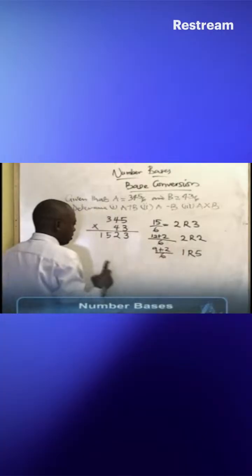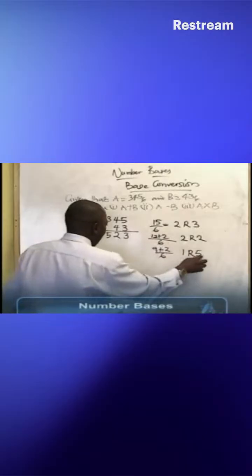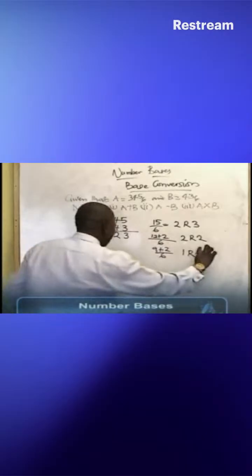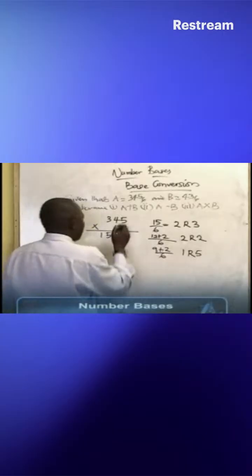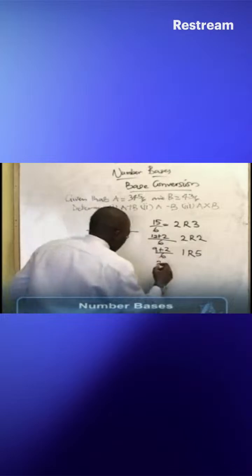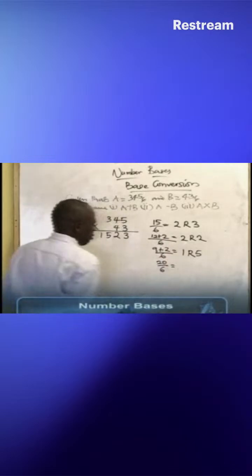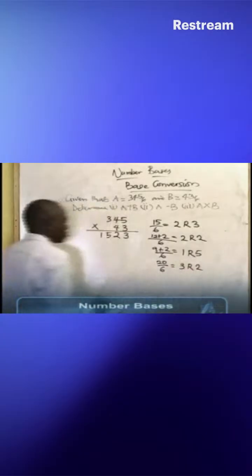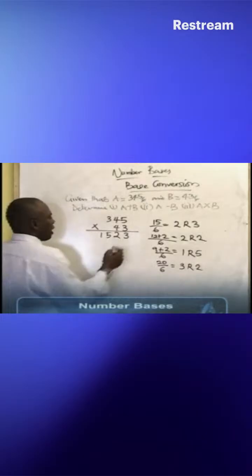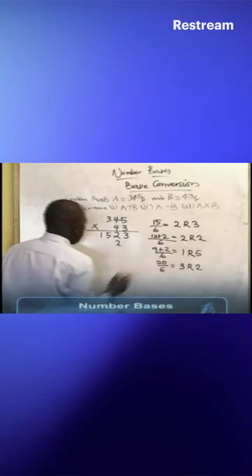The same thing for 4. 4 times 5 is 20. 20 divided by 6. You will find out that 6 will go in 20 3 times, and you will remain 2. So you will write the remainder again under 4, not here, under 4. And you carry 3 over.